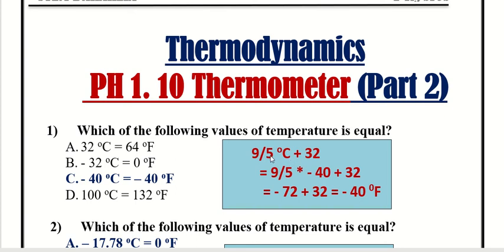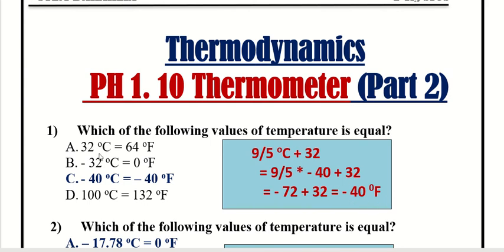Degree Fahrenheit equals 9/5 of the degrees Celsius plus 32. By substituting all the values, and finally by putting the value of negative 40 degrees Celsius, we get negative 40 degrees Fahrenheit.